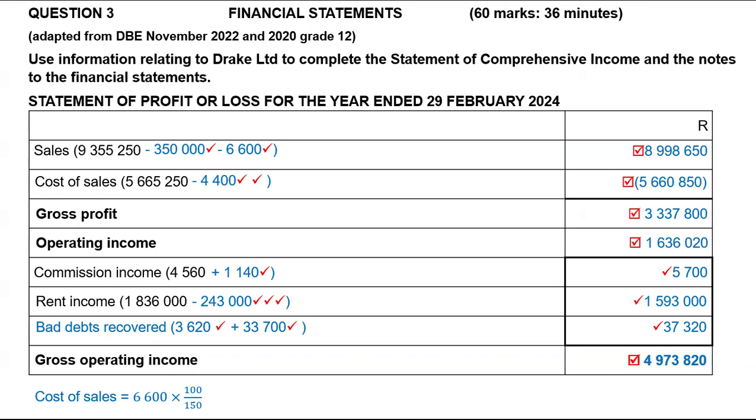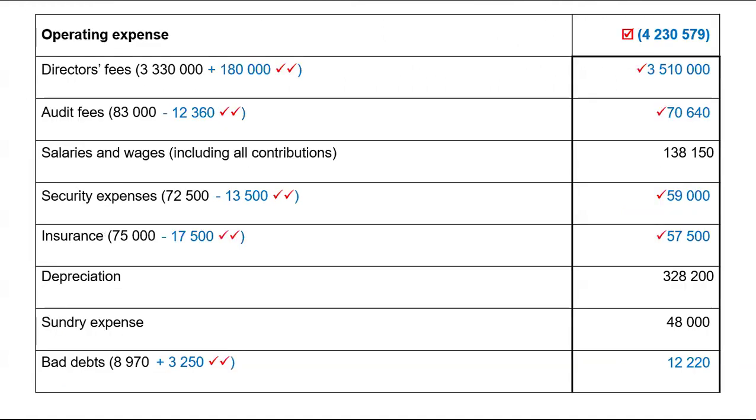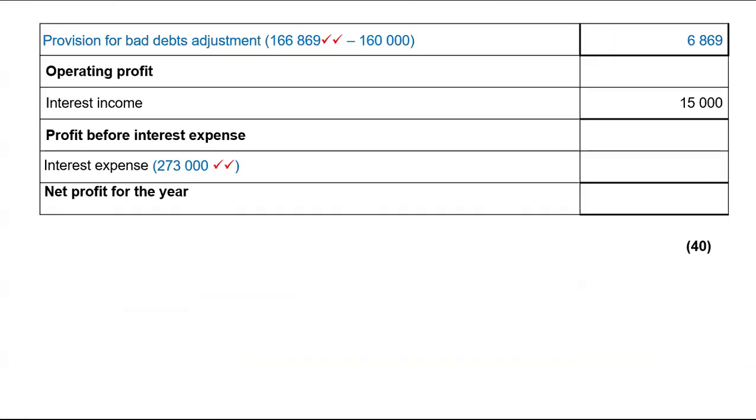I think I've explained how I got these amounts in the previous video. Please check out the previous video. When you take your gross operating income minus your operating expenses, you will get your operating profit, which you will add with interest income and subtract interest expense to get your net profit.